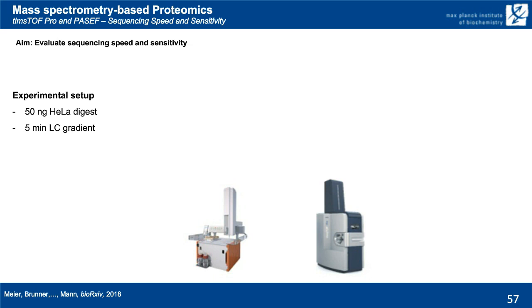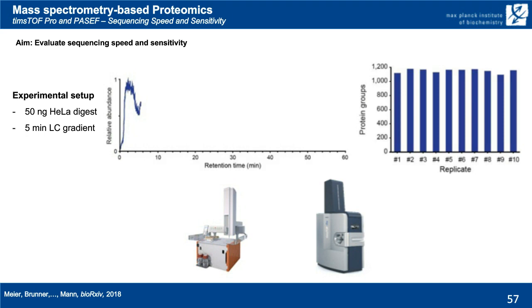This is not the case for the EvoSep, especially for the 5-minute, 10-minute, and 20-minute gradients. Here we tried to push the sequencing speed to its limits by using the 5-minute LC gradient of the EvoSep, and we identified more than 1,100 protein groups with an excellent reproducibility over 10 runs.